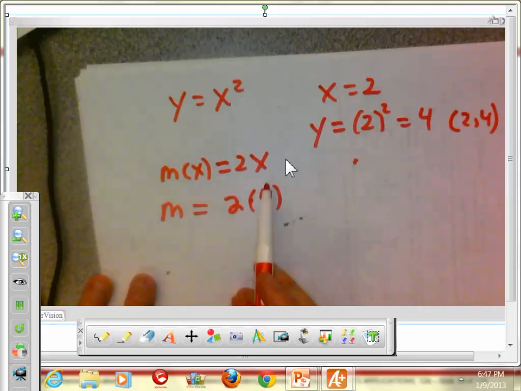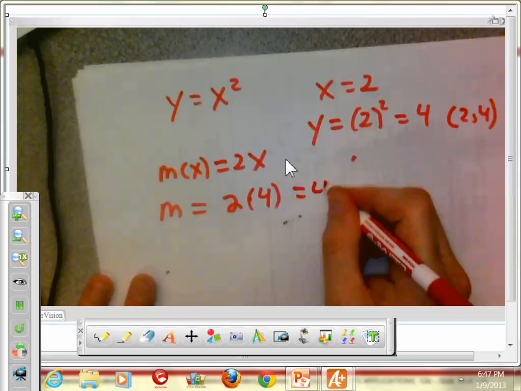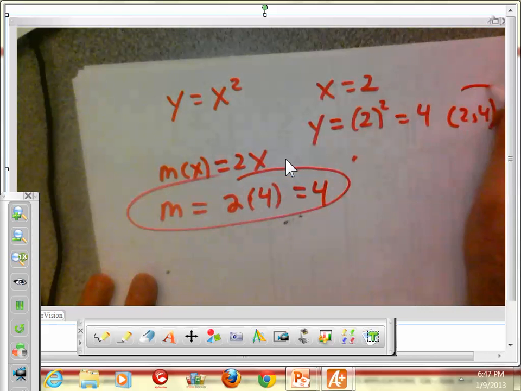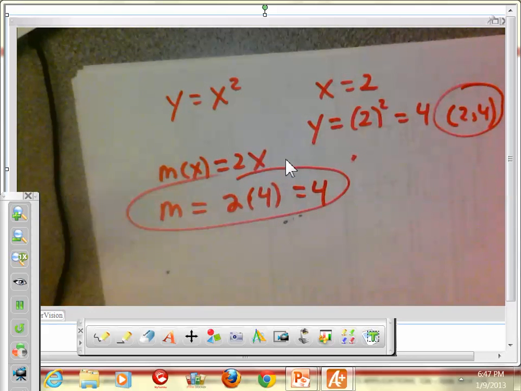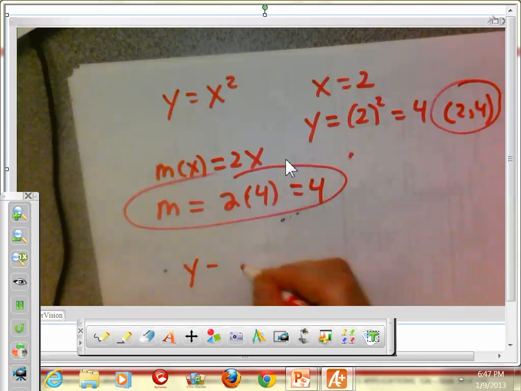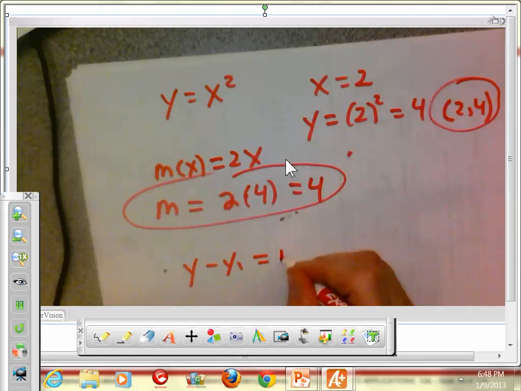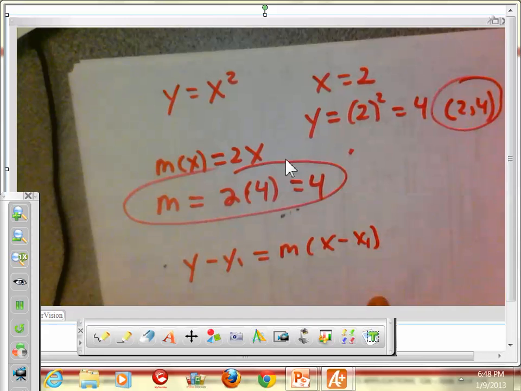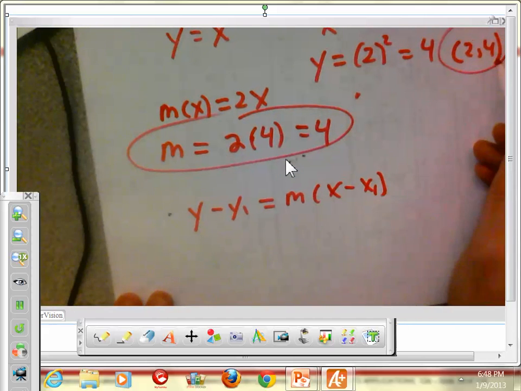So I know what my slope is, and I have a point on the tangent line, so I'm going to use my point-slope form. So I'm going to have y minus y1 is equal to m times x minus x1. Well, I have a point here, which is (2, 4). I have a slope, which is 4.